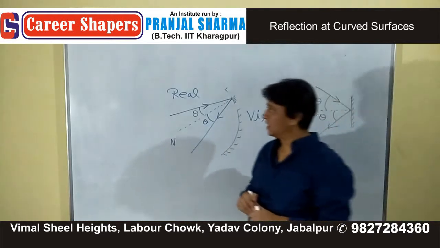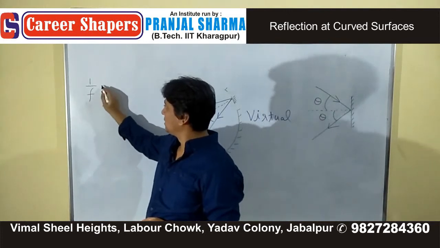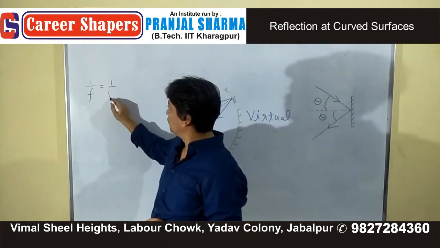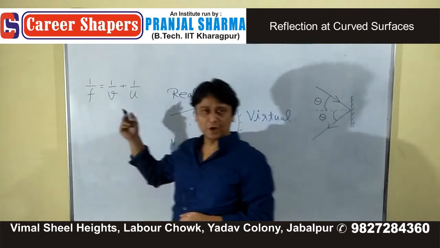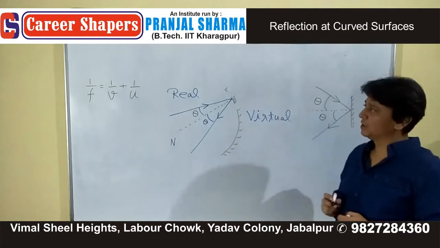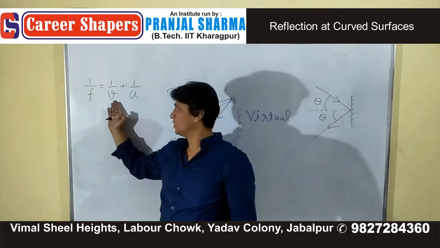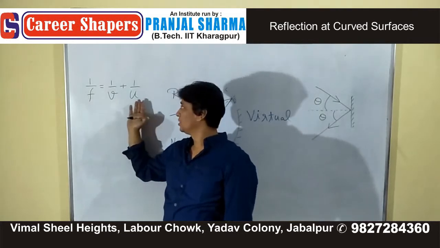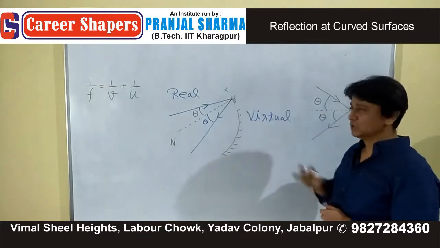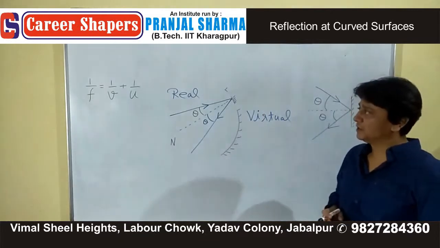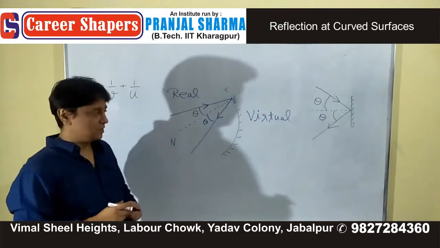And more specifically, from 10th onwards, you know that we want to develop a formula like this. Mirror formula. F, focal length, V, distance of image, U, distance of object. With proper sign, we'll see these things. And these distances are taken from the pole of the mirror.